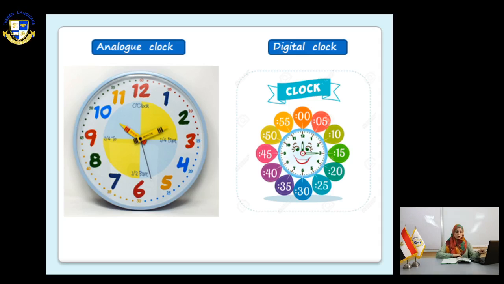There is a short arm and a long arm. In the digital, it starts from 00, 05, 10, 15, 20, 25, 30, 35, 40, 45, 50, 55, and goes back to the 00. This is the analog clock and the digital clock.